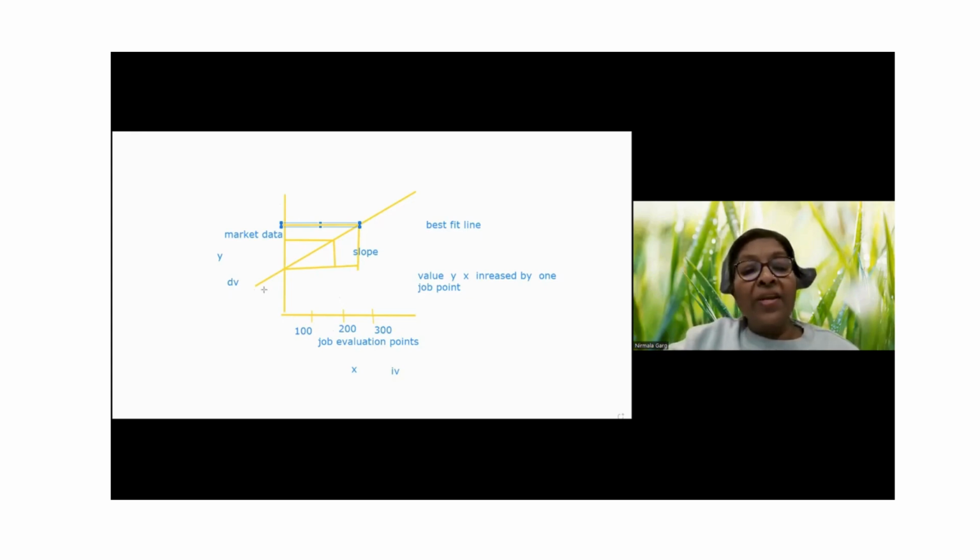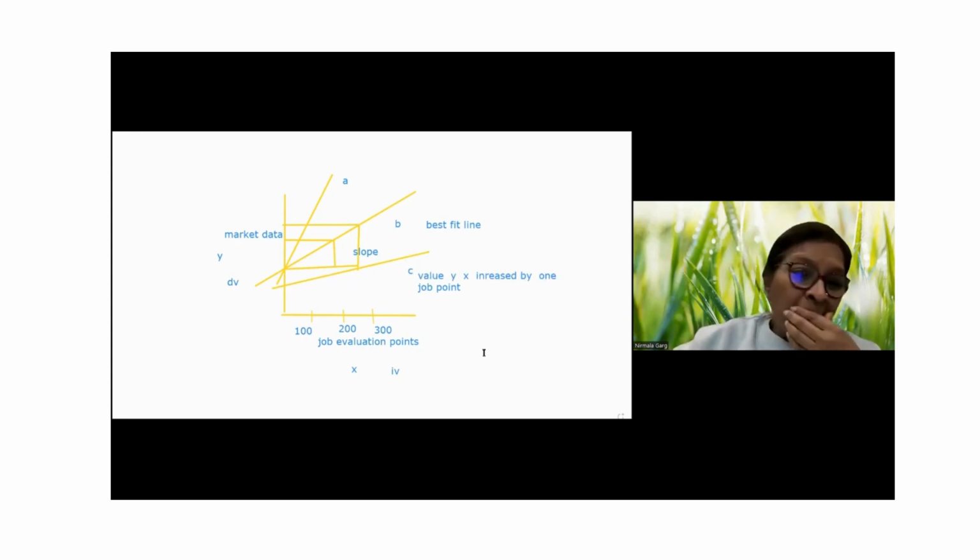Now slope can also vary if your line is like this, and there's another line. I will say this is best fit line A, this is best fit line B, and this is best fit line C. Which best fit line's slope will be higher?